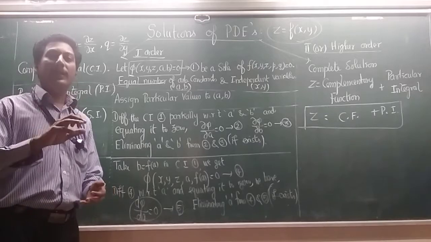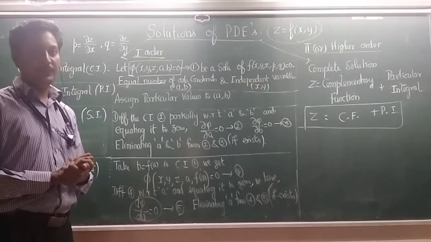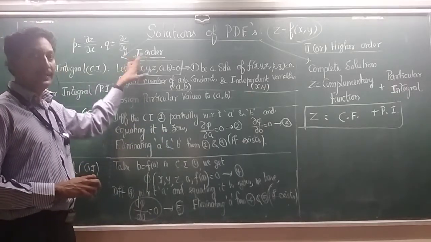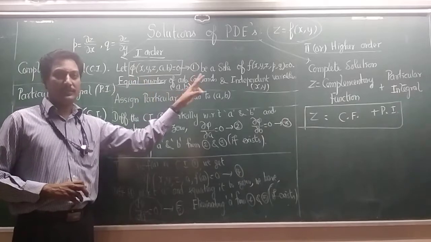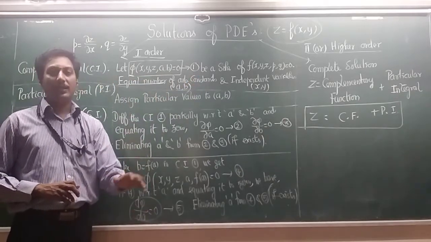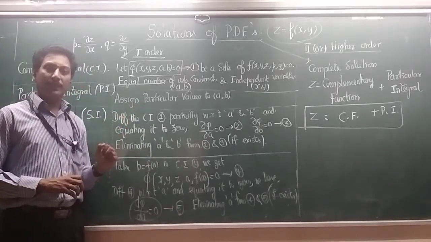Anyhow, our ultimate aim is to eliminate the arbitrary constants. In the first category, the complete integral, we count the number of arbitrary constants and they are equal in number, so it is called complete. When we assign particular values to the constants, it is called the particular integral.